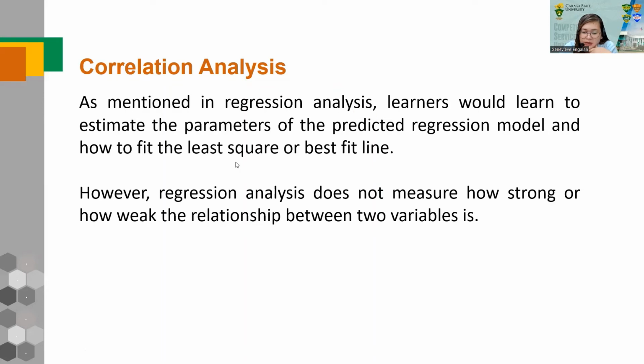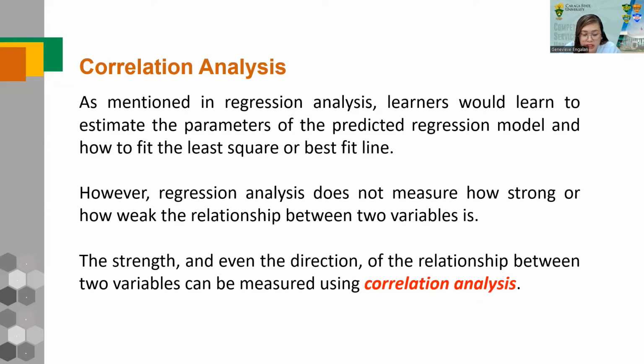So, para ma-know nato kung unsa ka strong or ka-weak ang relationship between the variables, ang atong gamiton is the correlation analysis because correlation analysis determines the strength and even the direction of the relationship between the two variables. No?